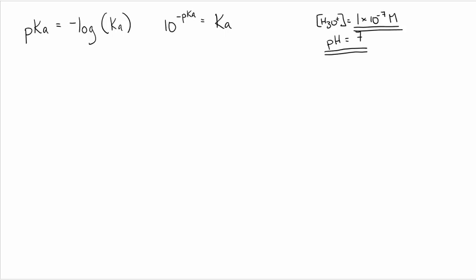I can tell you that acetic acid has a pKa of, I want to make sure I'm not going to lie to you. I have it memorized, but not exactly memorized. So the pKa of acetic acid is the negative log of the Ka, which is 4.74.